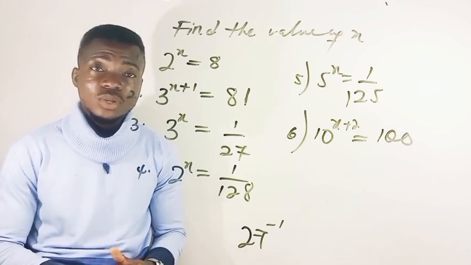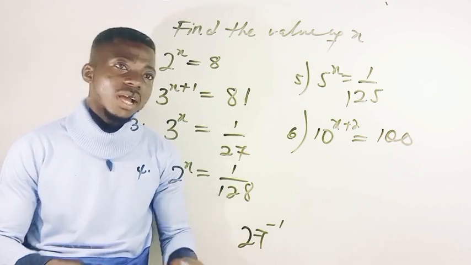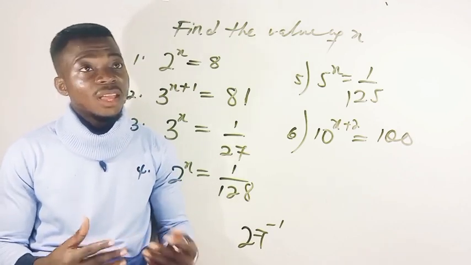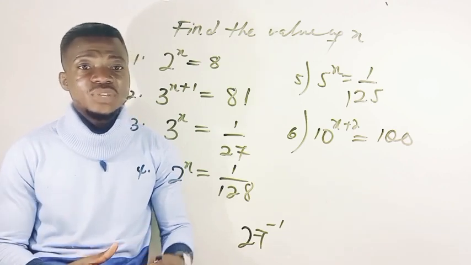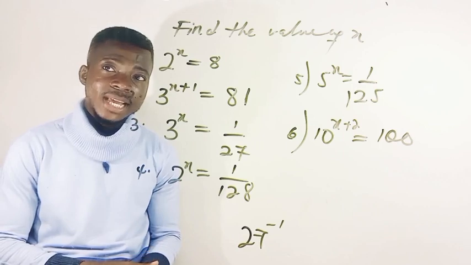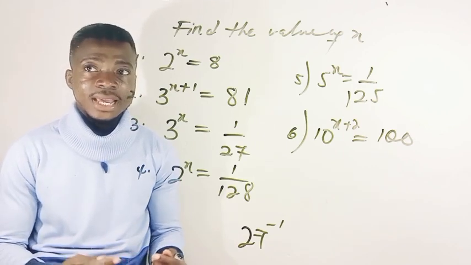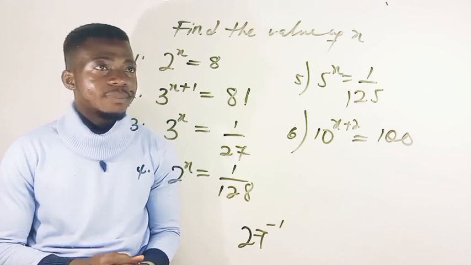We've gone through the laws, we've gone through the rules. So a quick revision, a quick summary. We did law 1, that is the multiplication law, and we deduced that if you have a exponent m times a exponent n, then you add the exponents. And we came to law 2 that talks about the quotient.